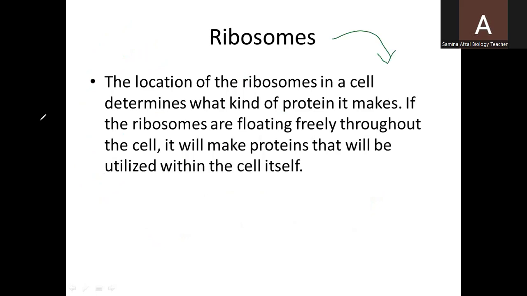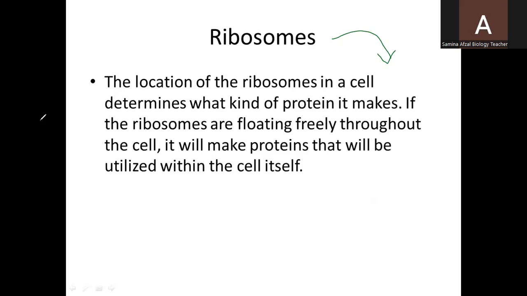Whether they are present on the endoplasmic reticulum or freely in the cytoplasm, they make different types of proteins, because the cell determines which kind of protein it makes. It is the decision of the cell, according to its need, that the ribosomes will make the protein.